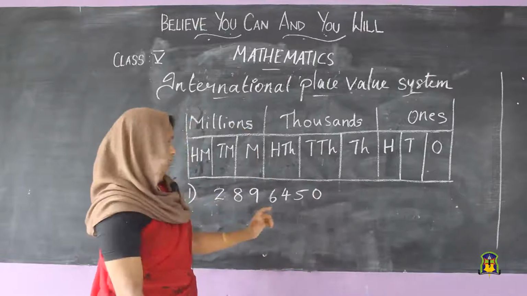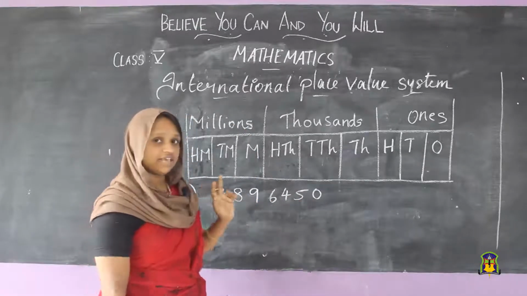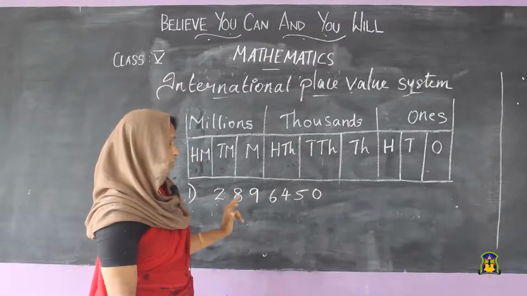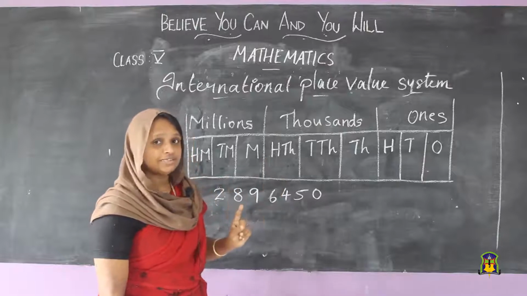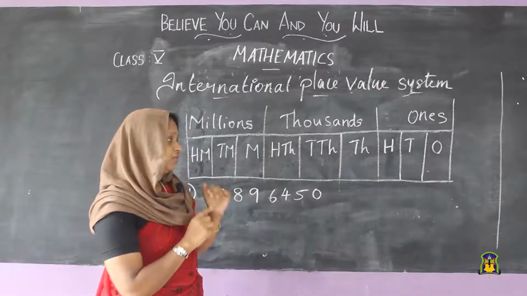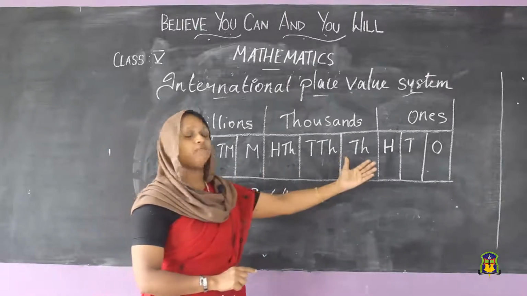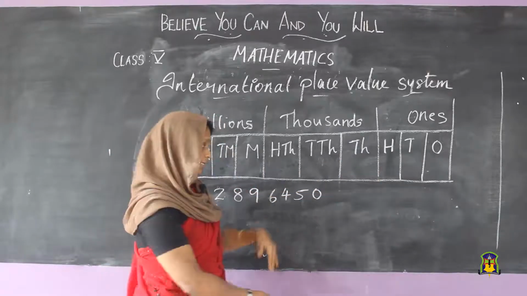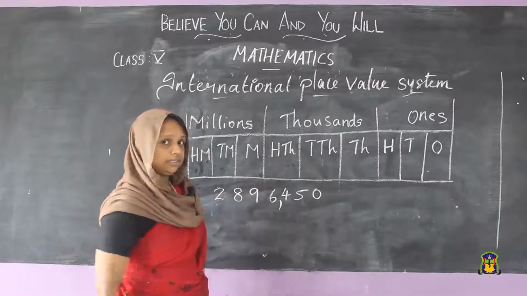This number 1, 2, 3, 4, 5, 6, 7 is a 7-digit number and you want to write it in words using the international place value system. For that, first we want to insert commas. That means we start from the ones period, that is ones, tens and 100. I insert a comma.